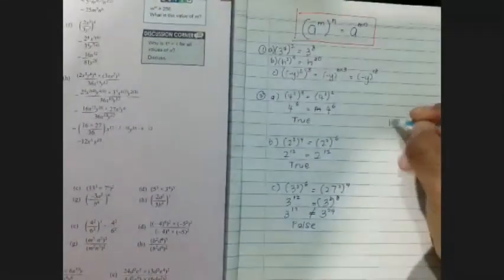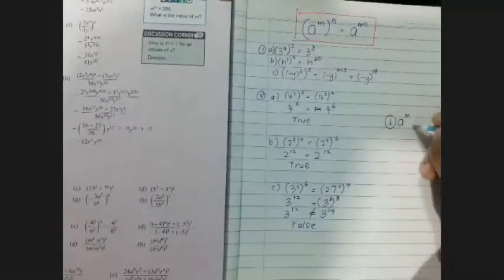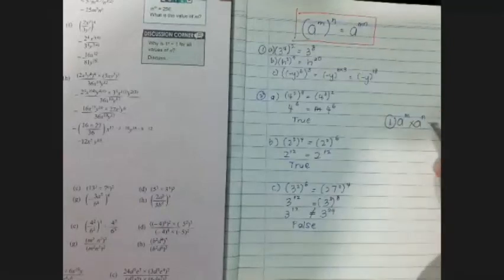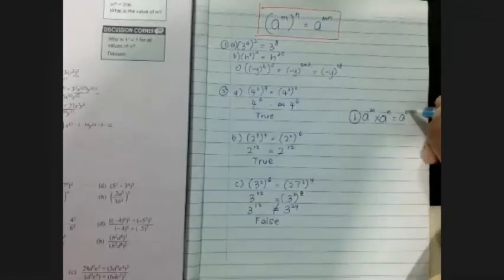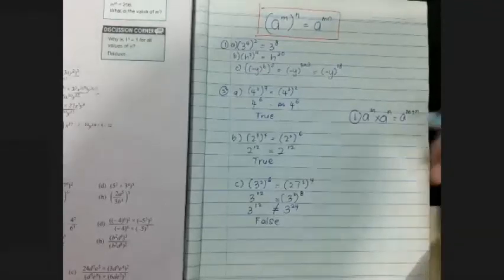Okay, that's all for today. We learn the first law: A power of m multiply A power of n equal to A power of m plus n.